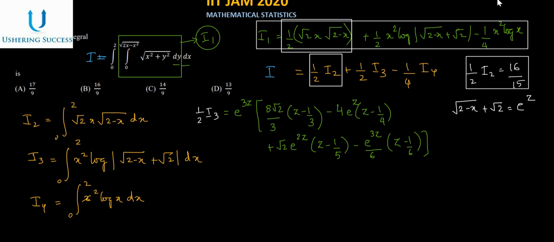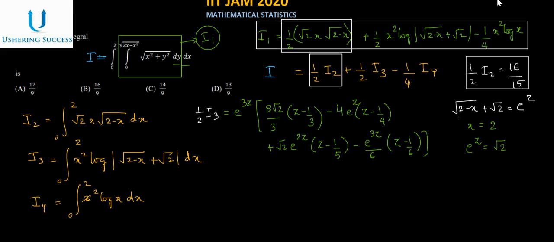Now let's look at the values. We took root over 2 minus x plus root 2 is equal to e to the power z. So when x is equal to 2, e to the power z becomes root 2.